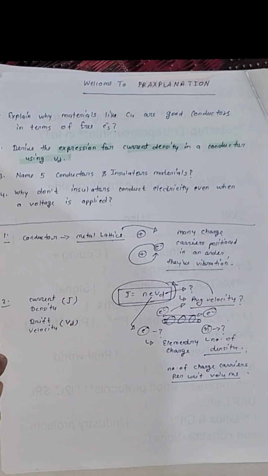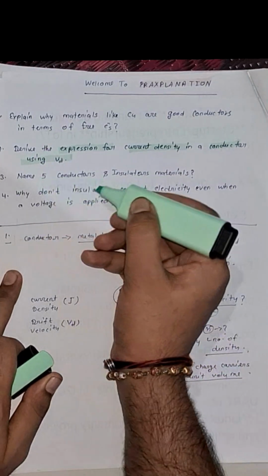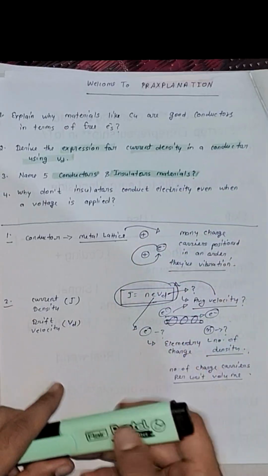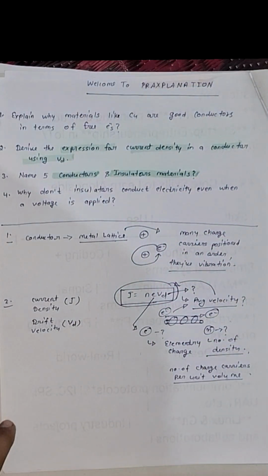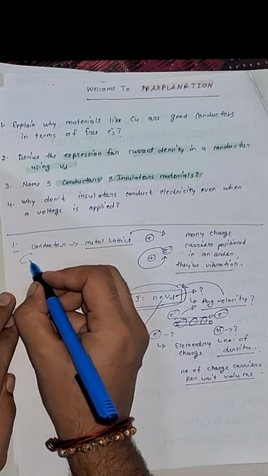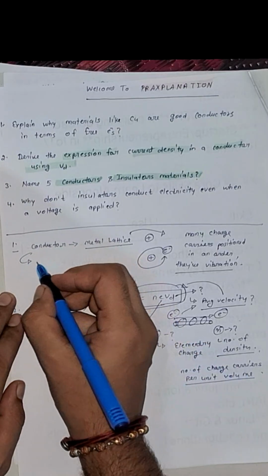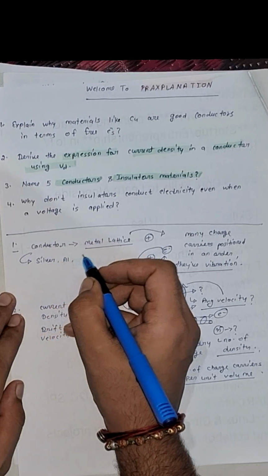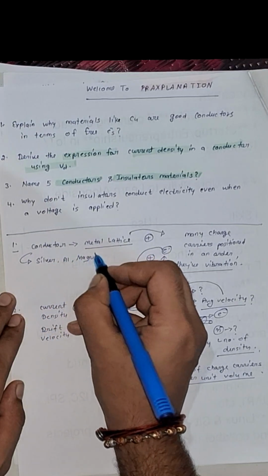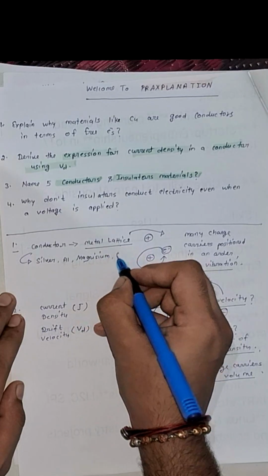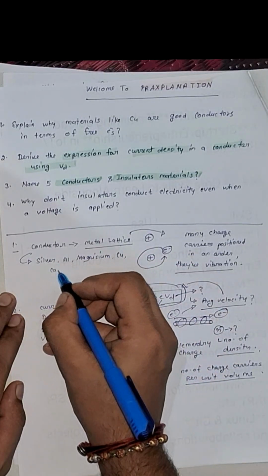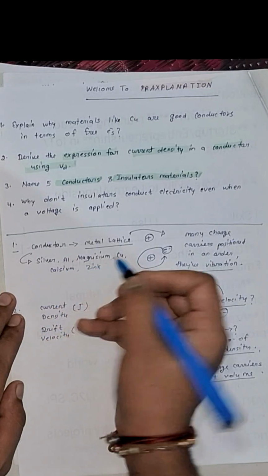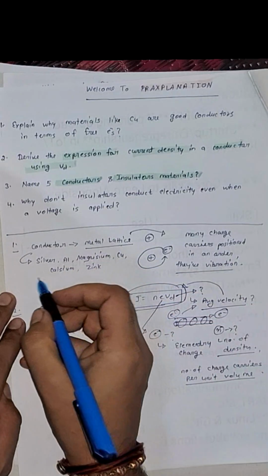And now let's see the third question. Our third question is: name five conductor and five insulator materials. So for conductors, the five names are silver, aluminum, magnesium, copper, calcium, and zinc. These are our conductor materials.